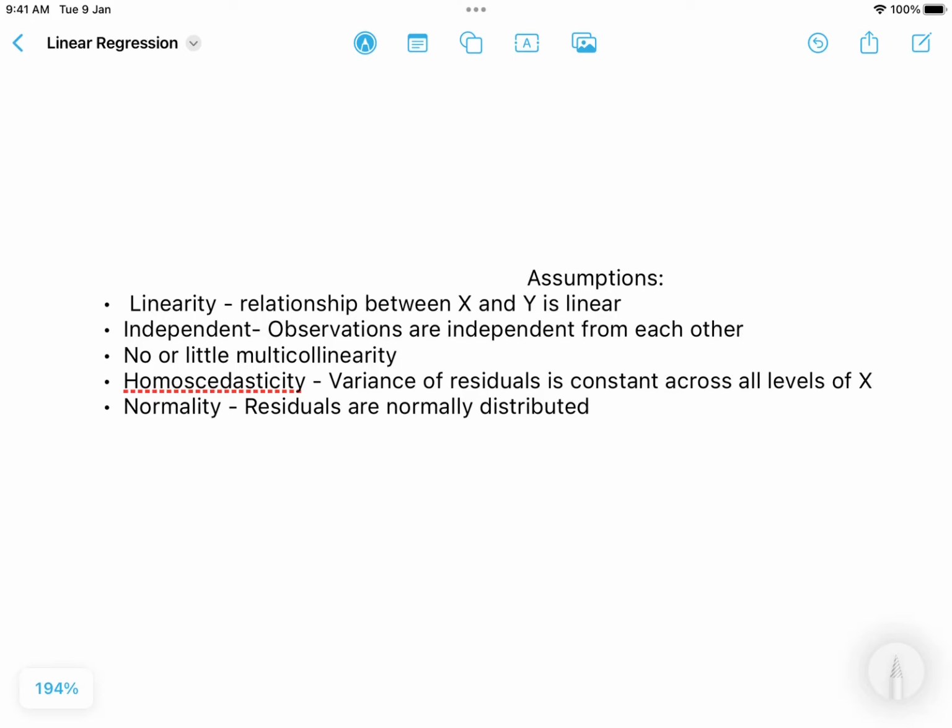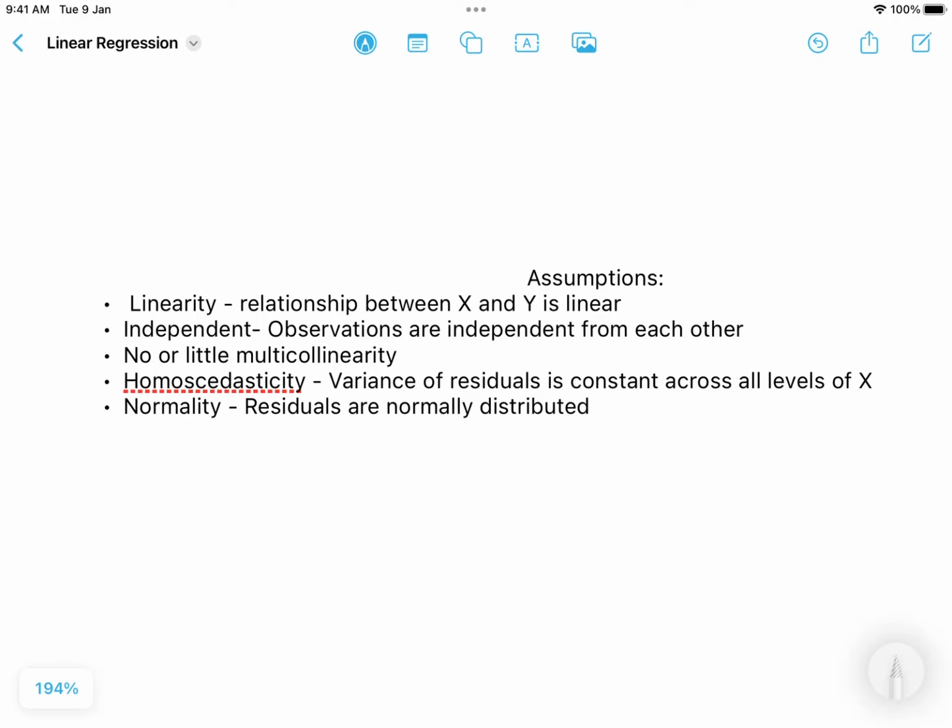The relationship between x and y should be linear. That means it should be a straight line. I'm not talking about polynomial regression or other types of regression here. I'm just talking about linear regression.